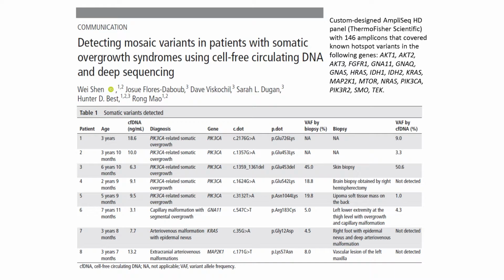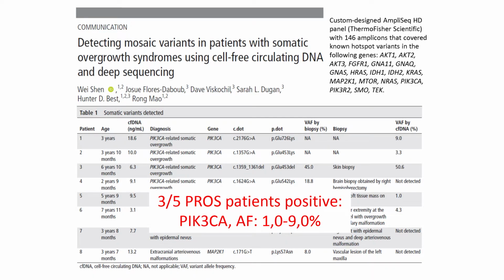The feasibility of mosaic detection via cell-free circulating DNA has been shown in 2 recent papers. In one case, it has been shown that 3 of 5 patients with PROS disorders, CLOVES syndrome and similar disorders were positive in cell-free DNA for the PIK3CA mutation with an allele frequency that was quite low, ranging from 1 to 9%.